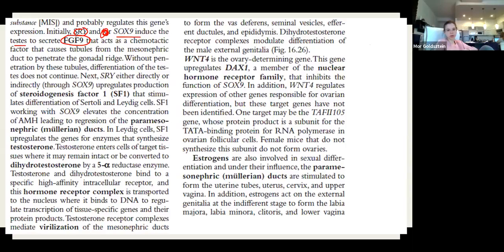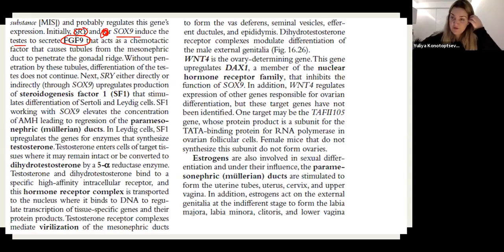Responsible for attracting the mesonephros. So these mesonephros are forced to become the rete testis, vasa efferentia, epididymis, and etc., right? So FGF9 is super important.